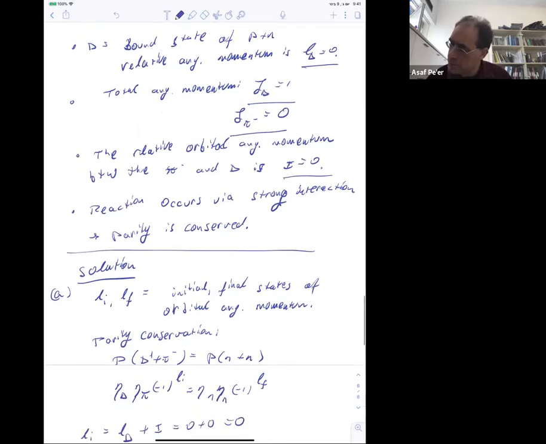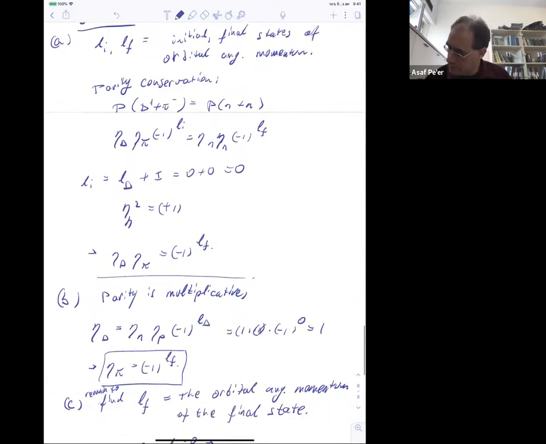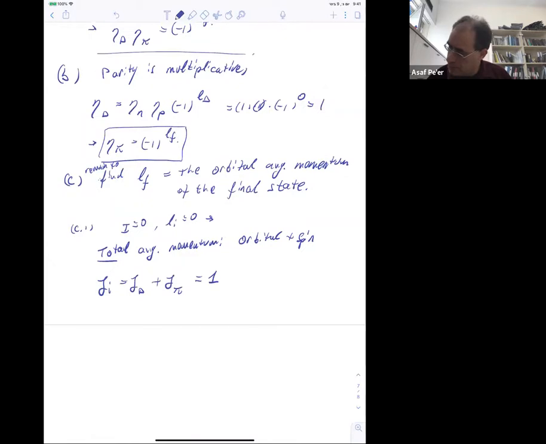So that's fine. JD plus J pion is 1. And so conservation of angular momentum means that J final is also 1.